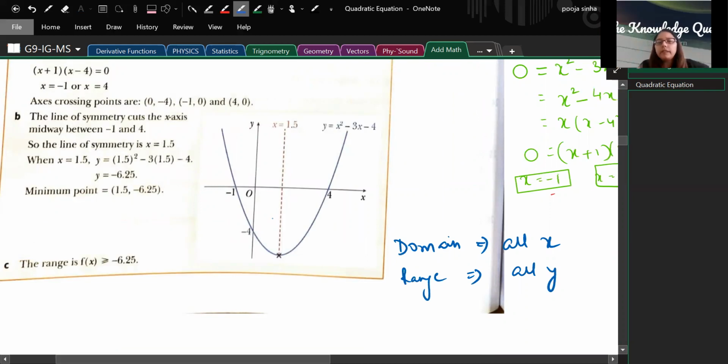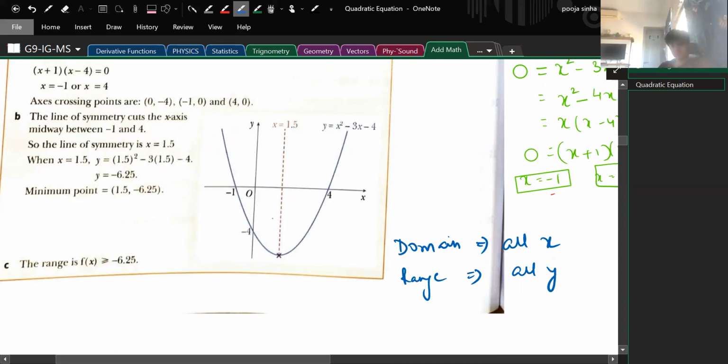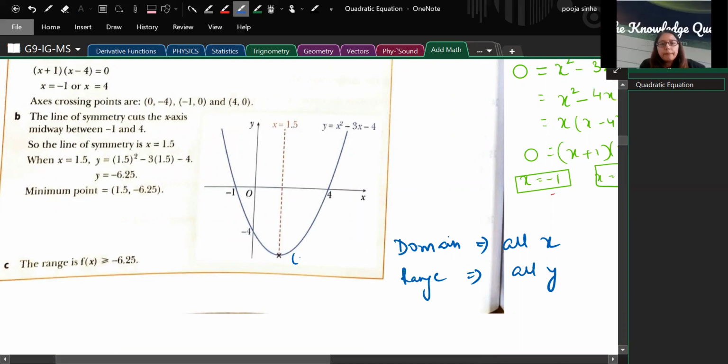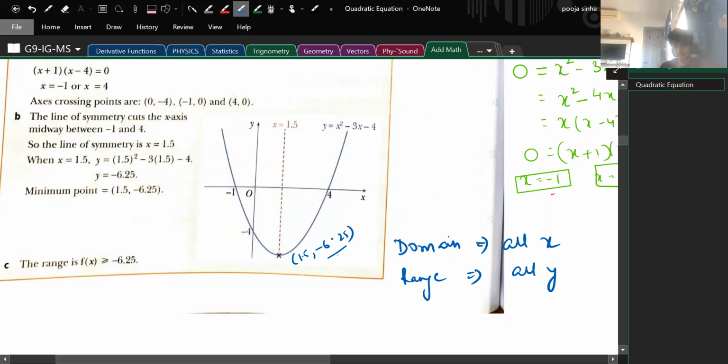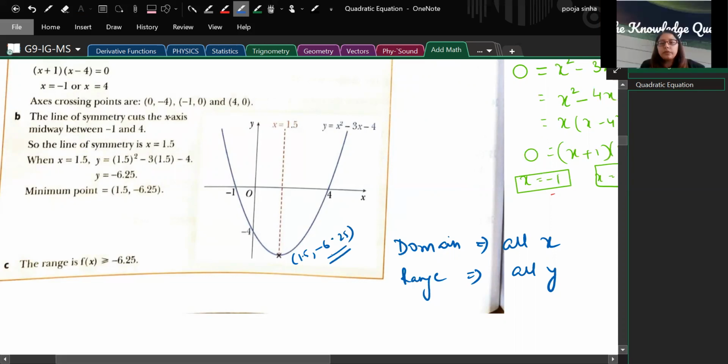Anything and everything above -6.25. हाँ. तो जो ये turning point है, the turning point was 1.5 comma -6.25. So everything and anything above -6.25, that's your range. So that's what you write here as the answer.